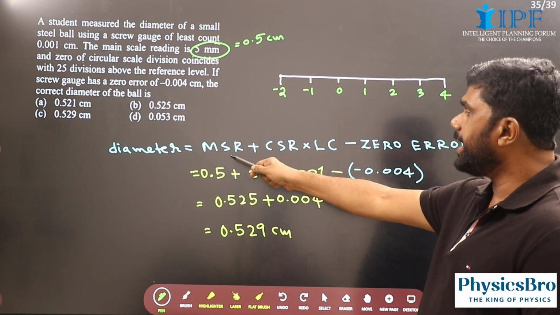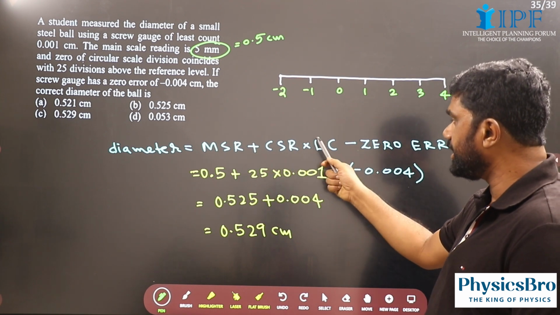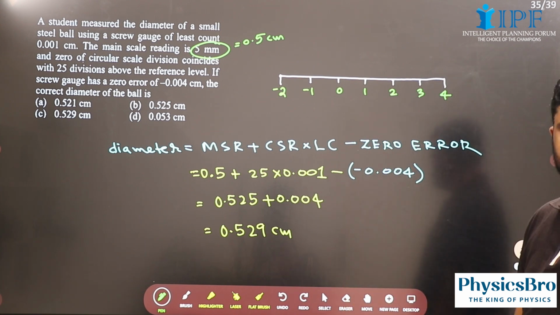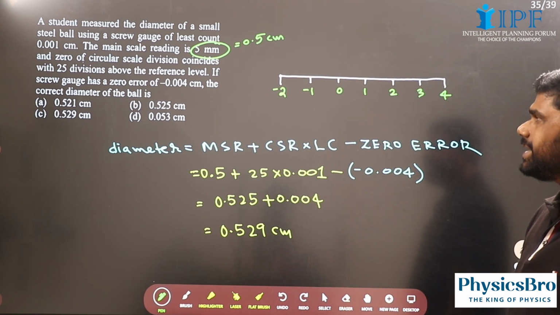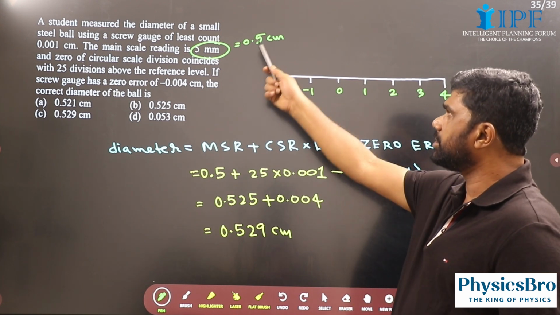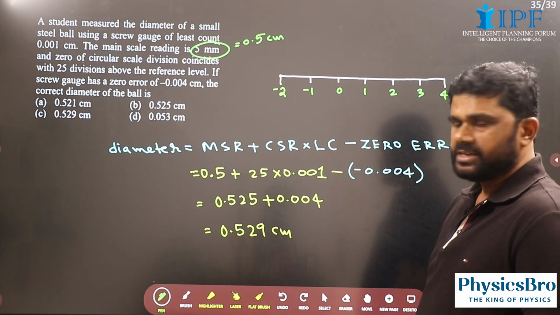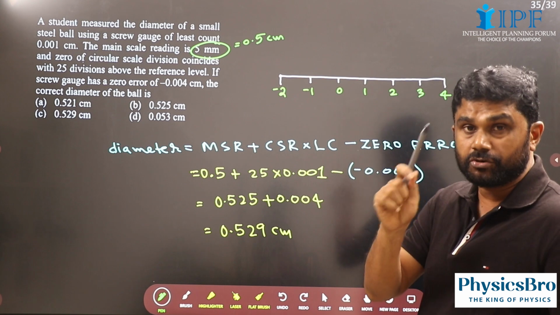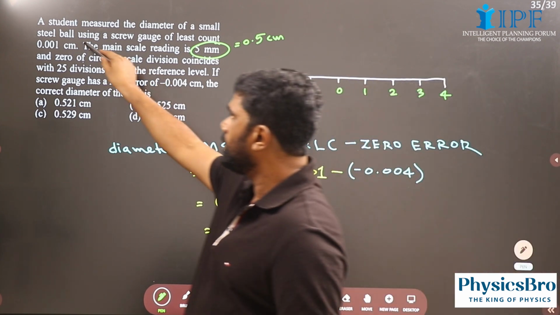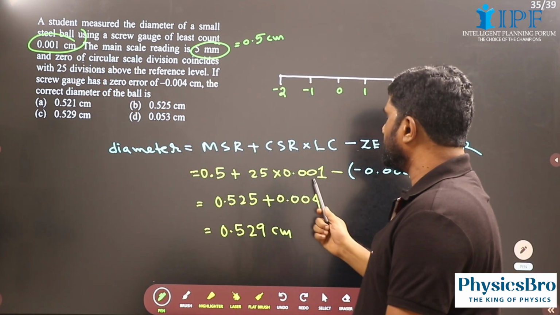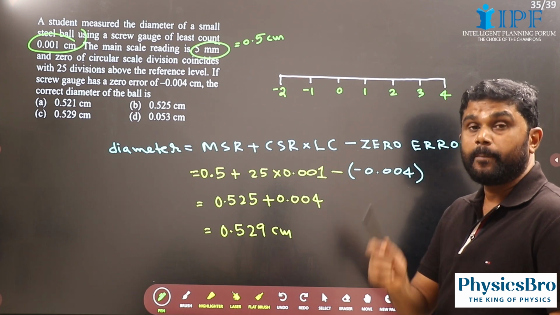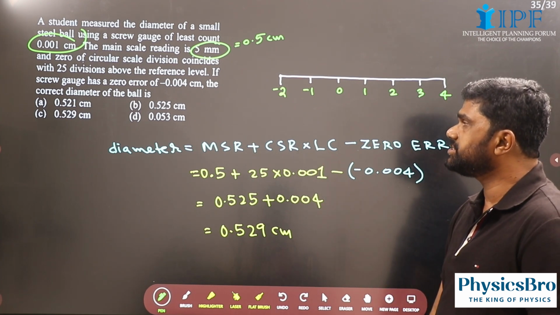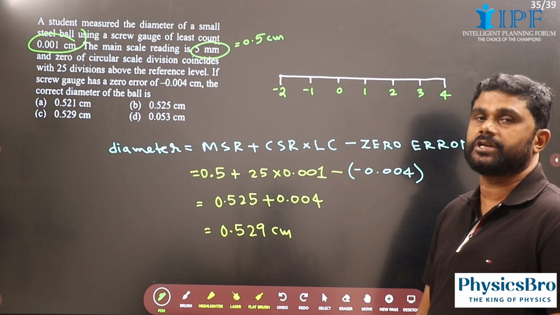The diameter will be main scale reading plus circular scale reading into least count minus zero error. Here the main scale reading is 5 millimeter or 0.5 centimeter. Circular scale reading is 25 and the least count is given as 0.001 centimeter, minus zero error. Zero error is given as minus 0.004 centimeter.